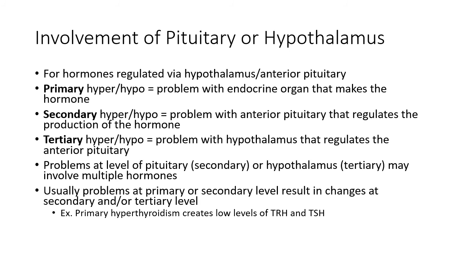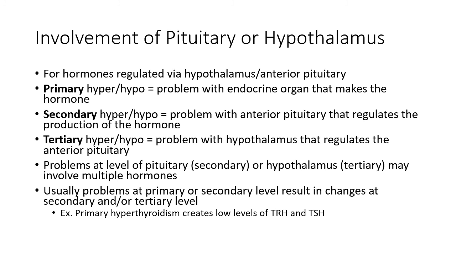If it's a secondary hyper or hypo problem, then you have an issue with the anterior pituitary. If it's a tertiary problem, your issue is with the hypothalamus itself. If you have some problem with your anterior pituitary gland or with your hypothalamus, like physical damage to those areas, then it's possible that more than just one hormone could be affected. You could be hypo, for instance, for multiple different hormones and have multiple endocrine disorders.